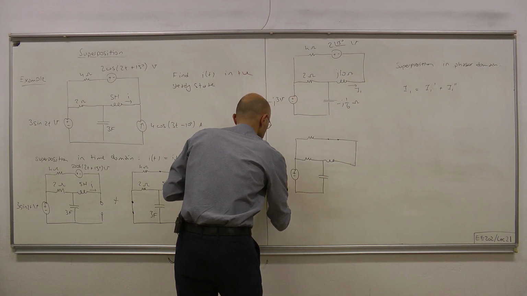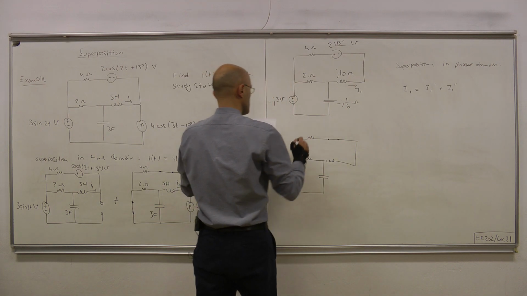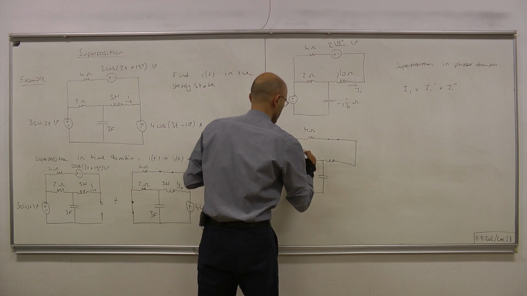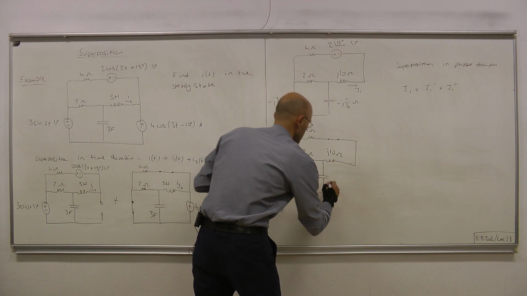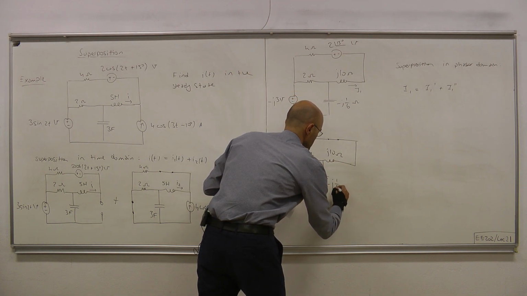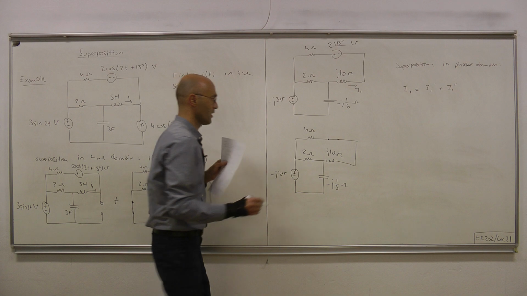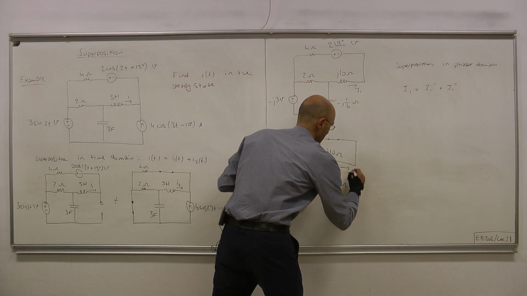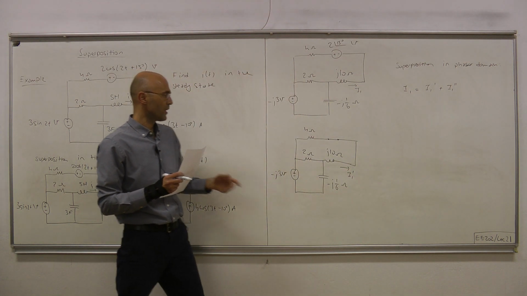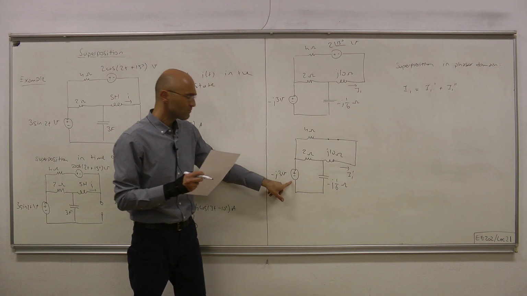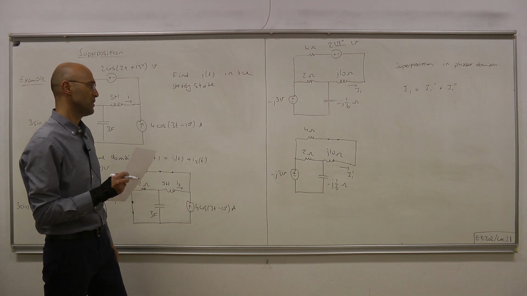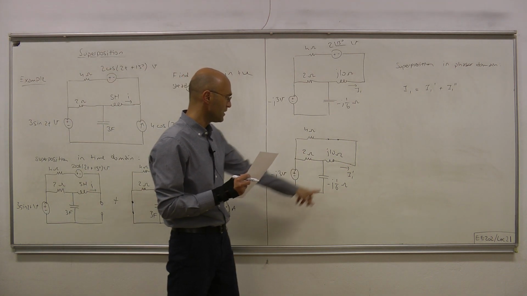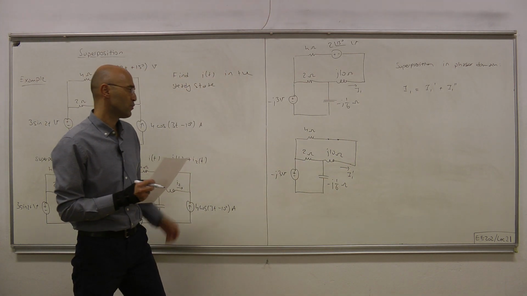Minus J 3 volts, 4 ohm, 2 ohms, J 10 ohms, and minus J 1 over 6 ohms. And this current we're calling I1 prime. With a single input, it's a little bit easier circuit to deal with, and then by solving this circuit, we can easily figure out I1 prime.